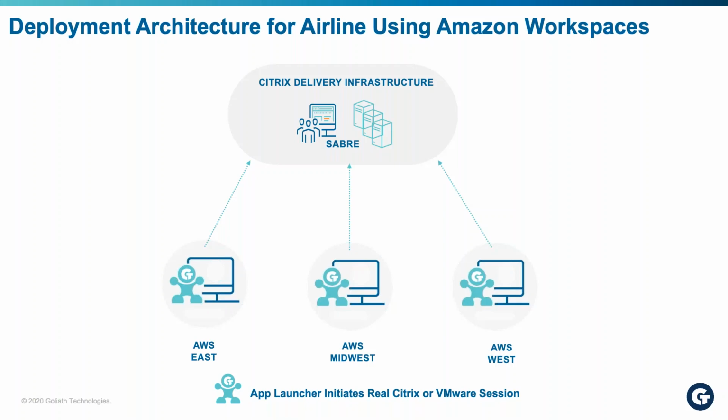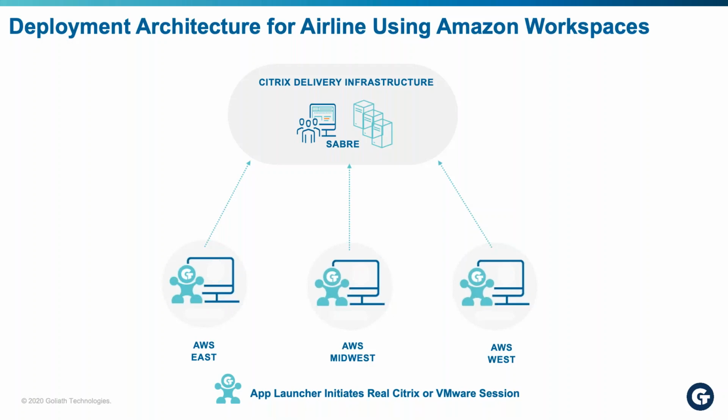And from these different locations, the Sabre application is being tested. So the technology is going to log on the same way an end user would, go through the NetScaler or storefront page, and ultimately make sure that there is a successful presentation of that application.